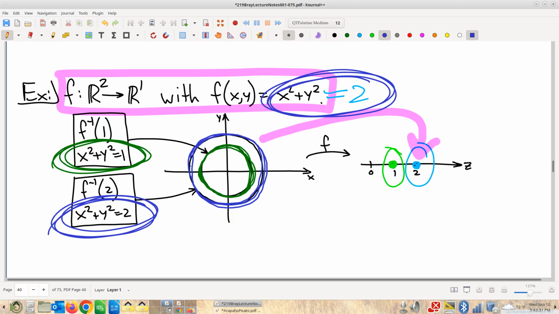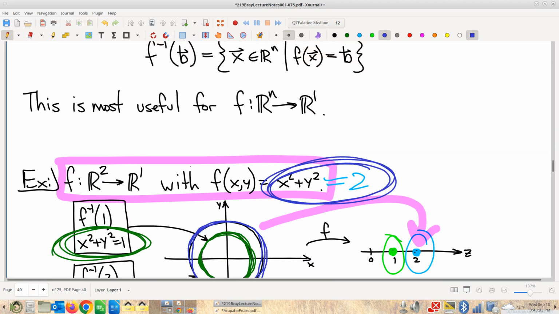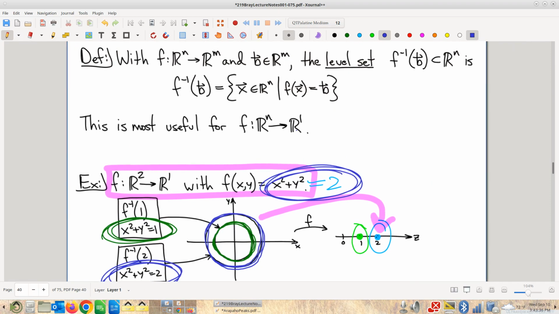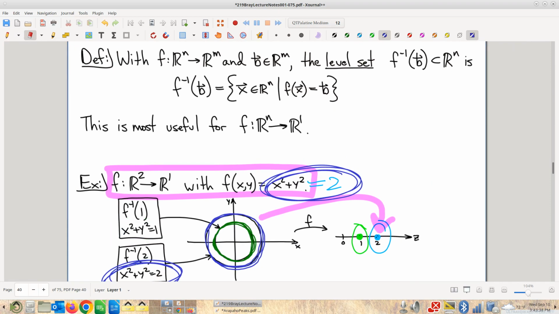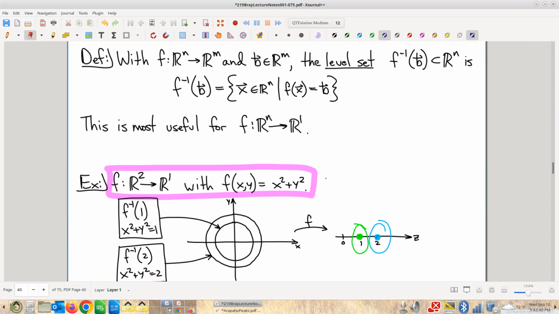Now let me point out that's all that's going on with this notation up here.